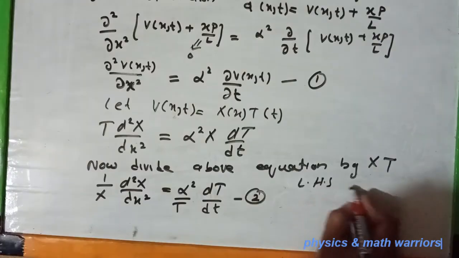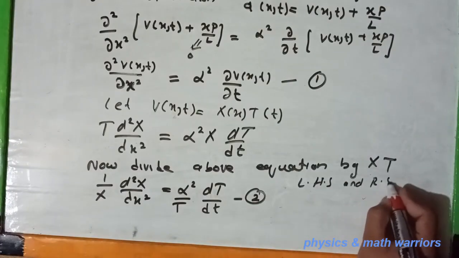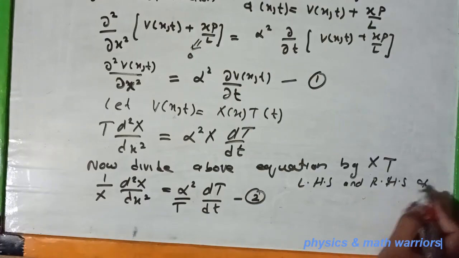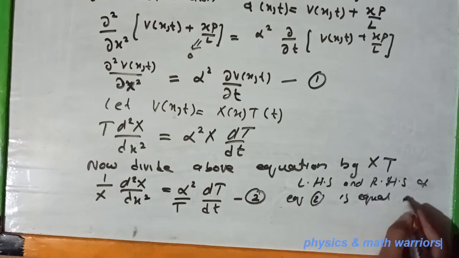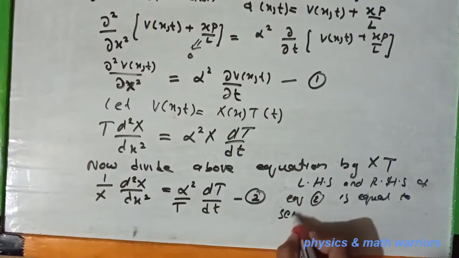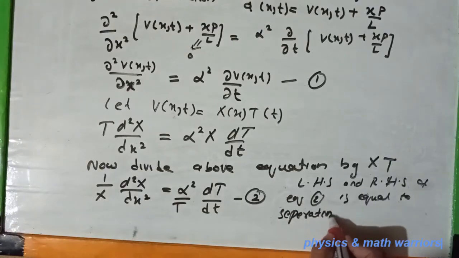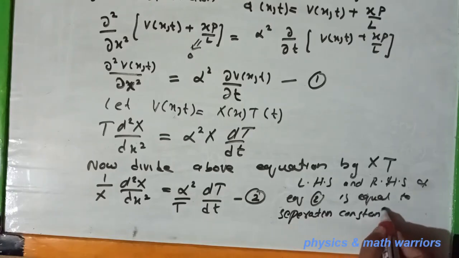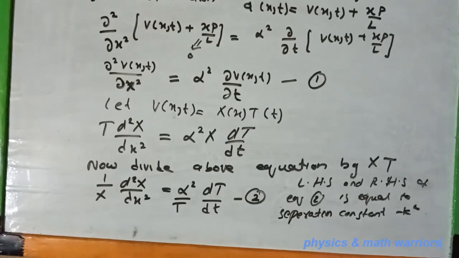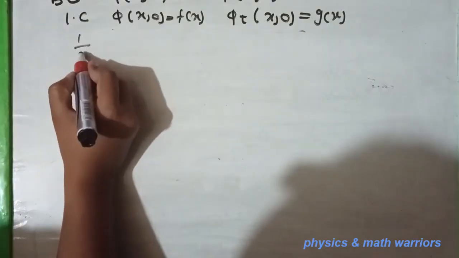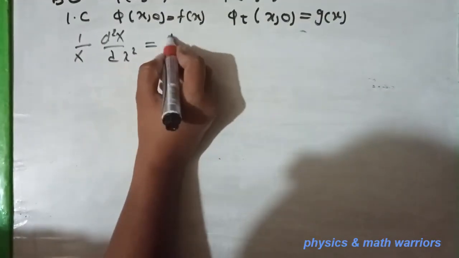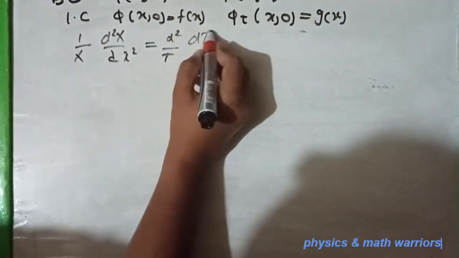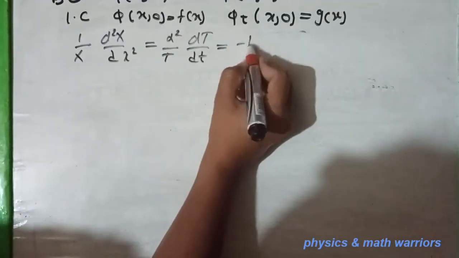The left-hand side and right-hand side of equation 2 are equal to a separation constant, minus k squared. So equation 2 becomes (1/X) d²X/dx² = (α²/T) dT/dt = −k².